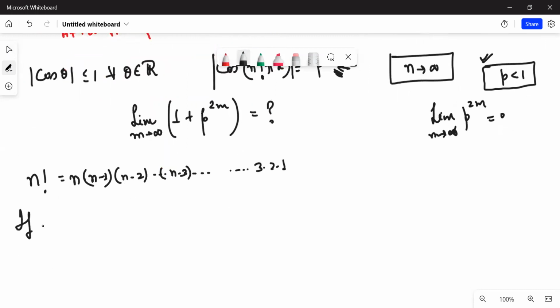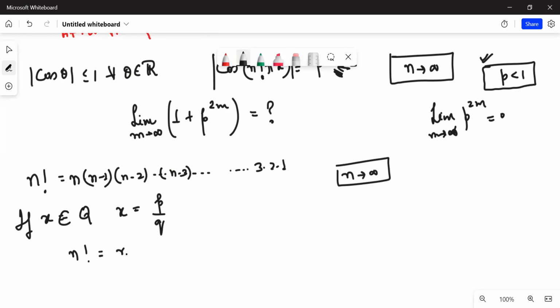If x is some rational number, a rational number can be expressed in the form p by q, मानते हो? And remember this n is tending to infinity. So this n factorial expansion will contain all sort of integers, all sort of natural numbers, isn't it? As large as possible.